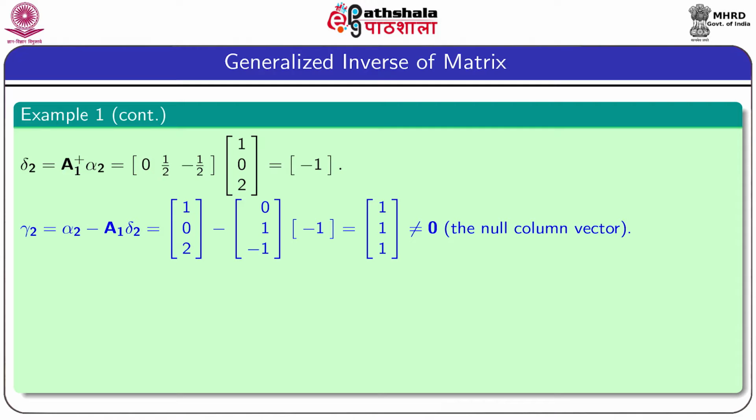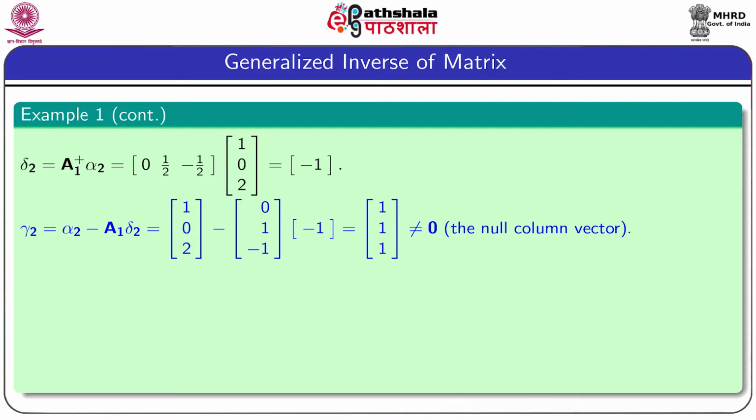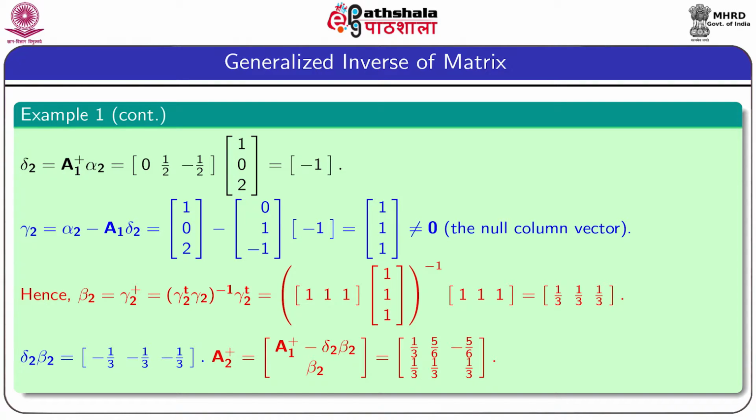Now we calculate another vector gamma 2, which is equal to alpha 2 minus A1 into delta 2. After substituting the values of alpha 2, A1 and delta 2, we obtain the column vector gamma 2, which is equal to 1, 1, 1, and obviously it is a non-null vector. Hence we calculate another vector beta 2 equal to gamma 2 plus.